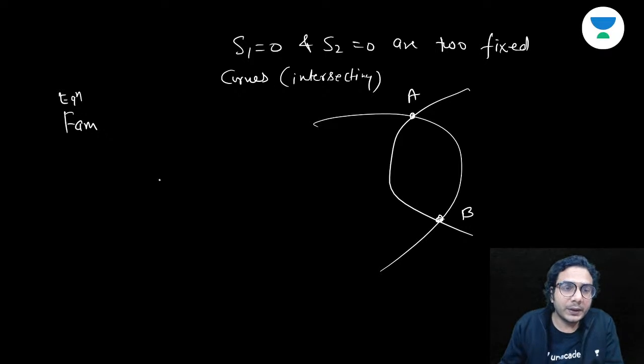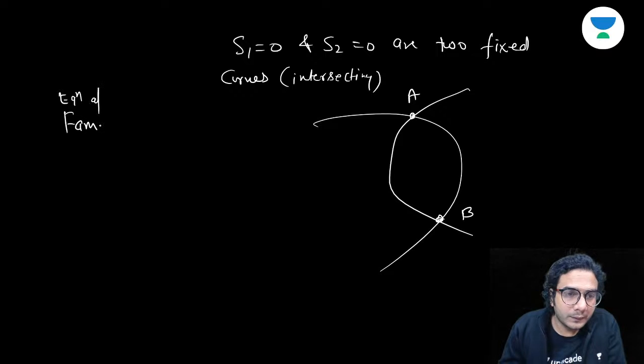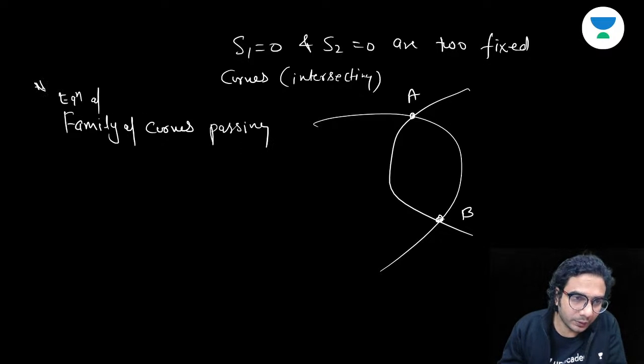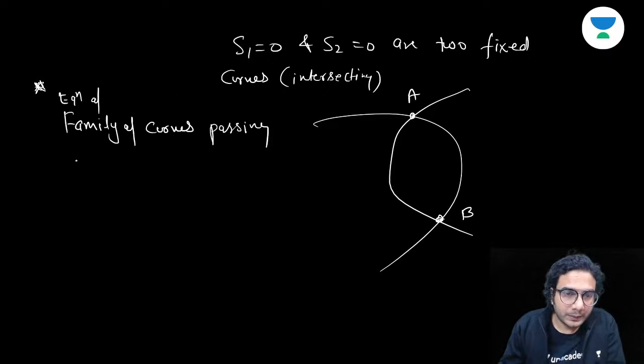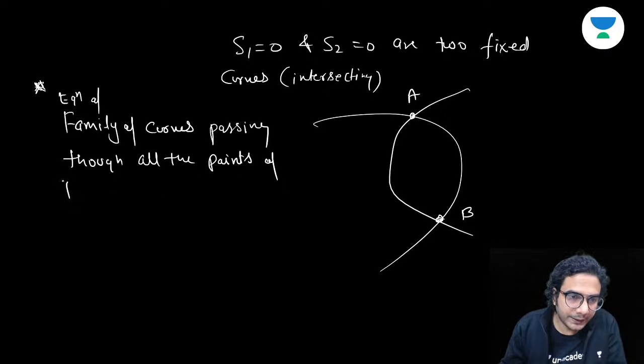The equation of the family of curves passing through all the points of intersection of S1 is equal to 0 and S2 is equal to 0. Now this statement is important, see it carefully.